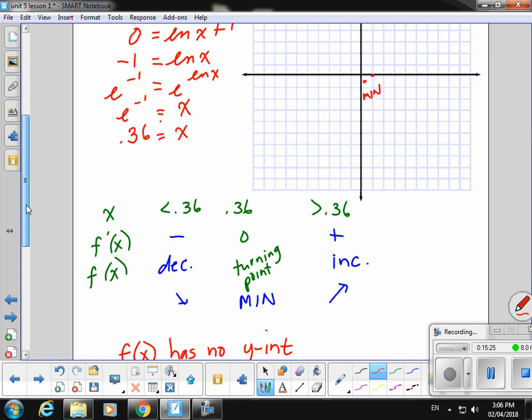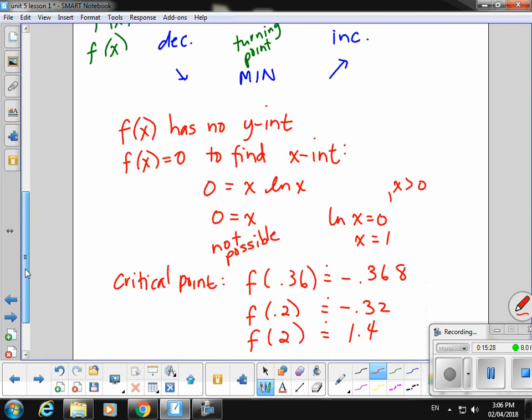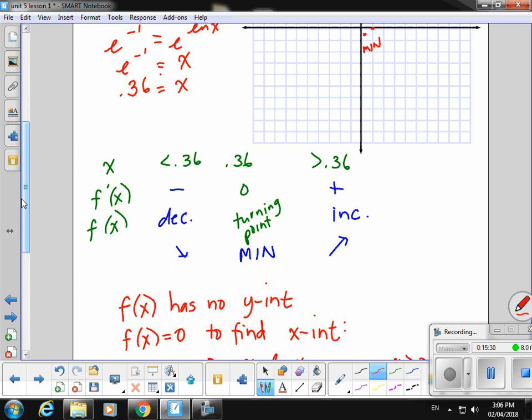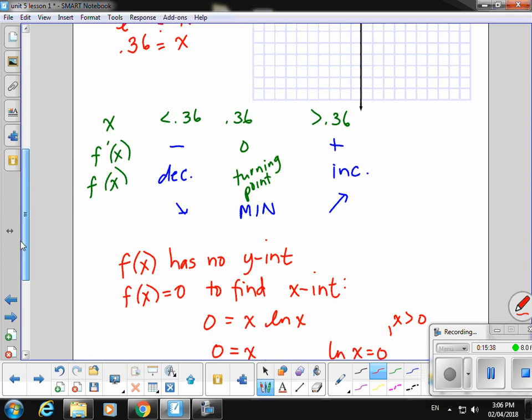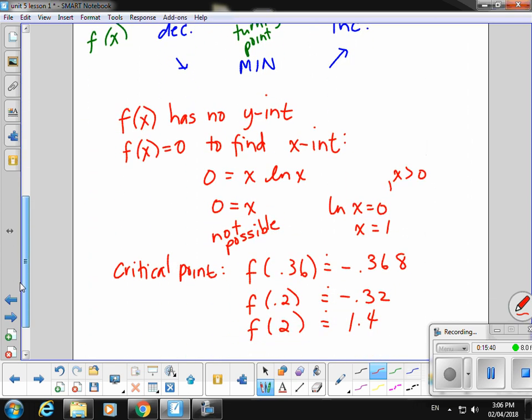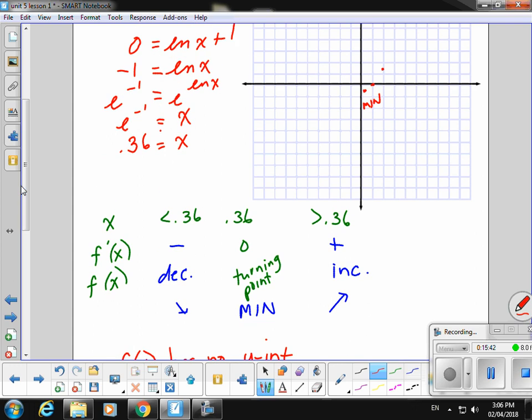Our other two values at 2, 1.4, the other one, it's hard to see. I should have increased my scale. 0.2 is -0.32. There.